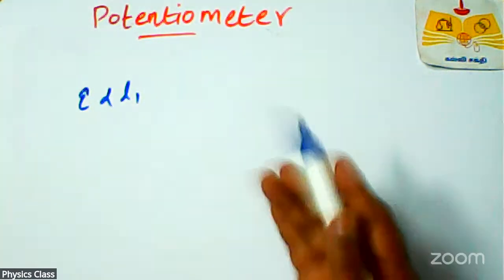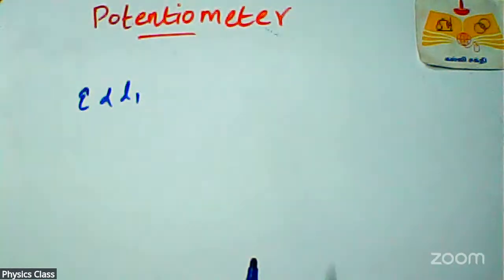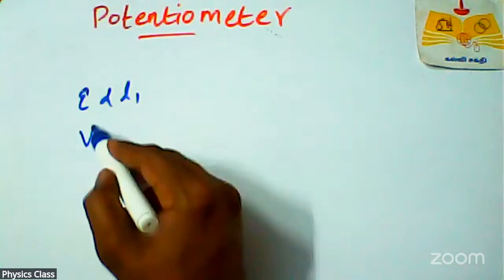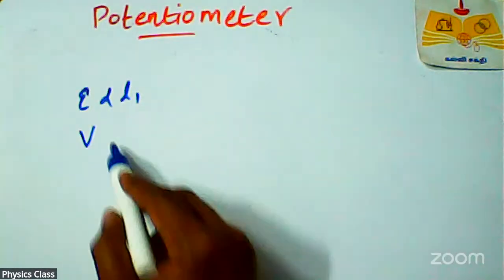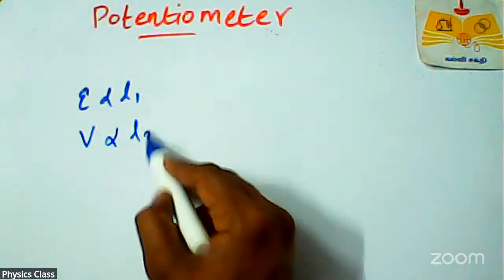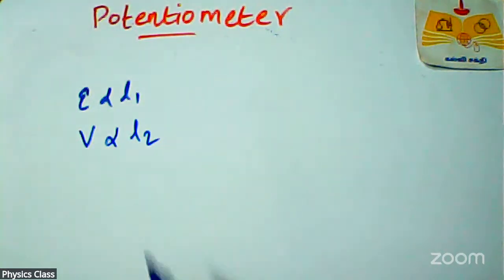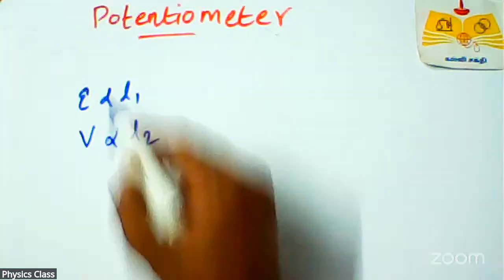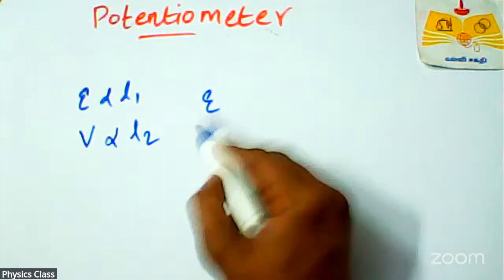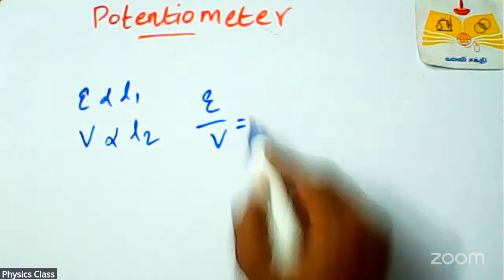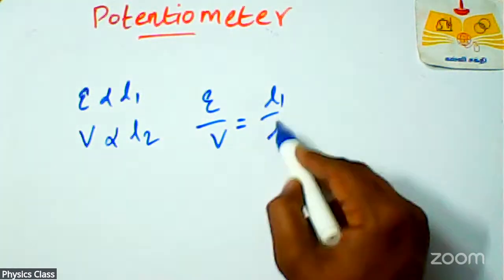And again, current is passing through the resistance box. So that terminal voltage is denoted as V, which is directly proportional to L2. Now you can divide both these equations. So E by V equals L1 by L2.